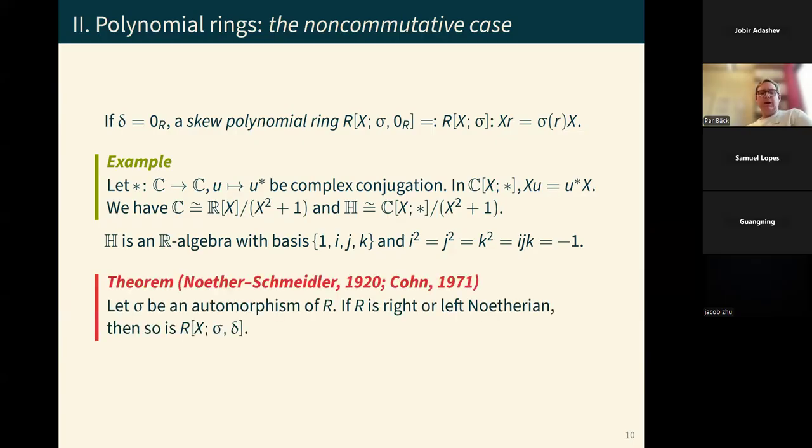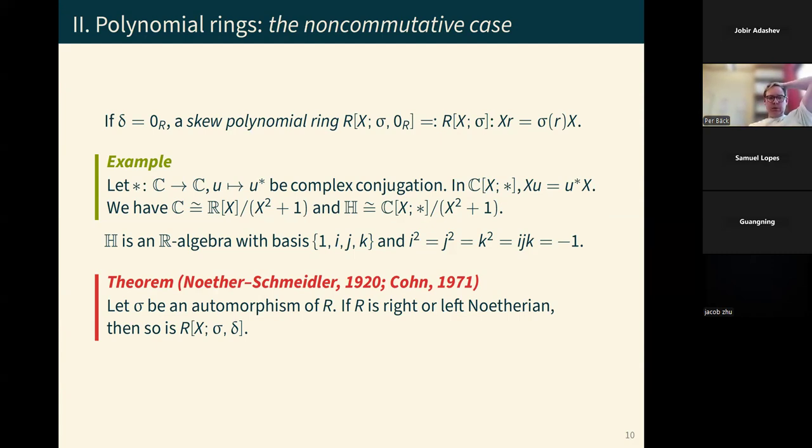Okay, so Hilbert's basis theorem for these rings then. It turns out that you need sigma to be an automorphism, and then you can lift both the property of being right and left Noetherian.